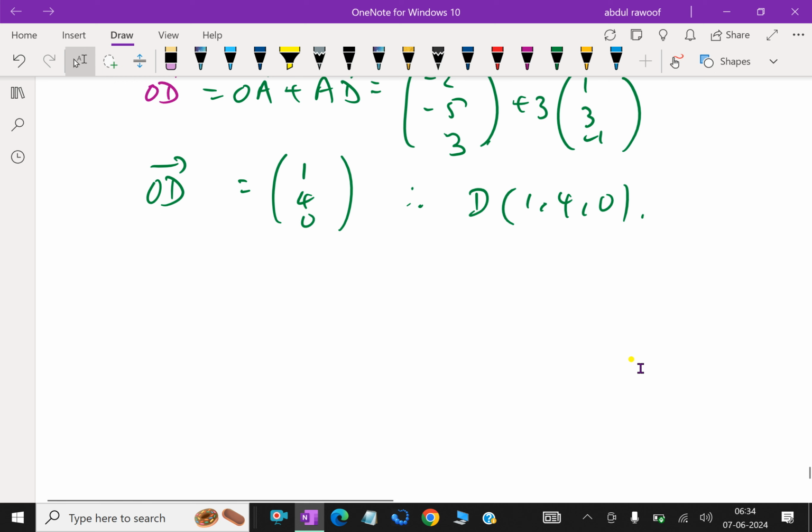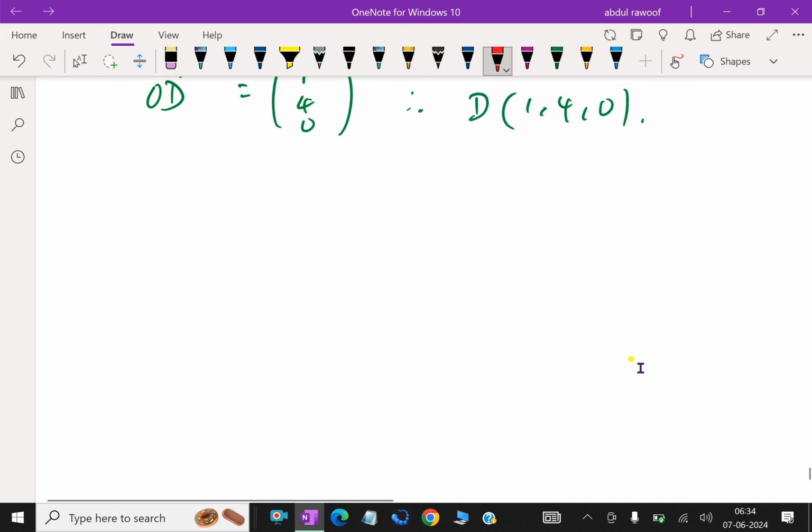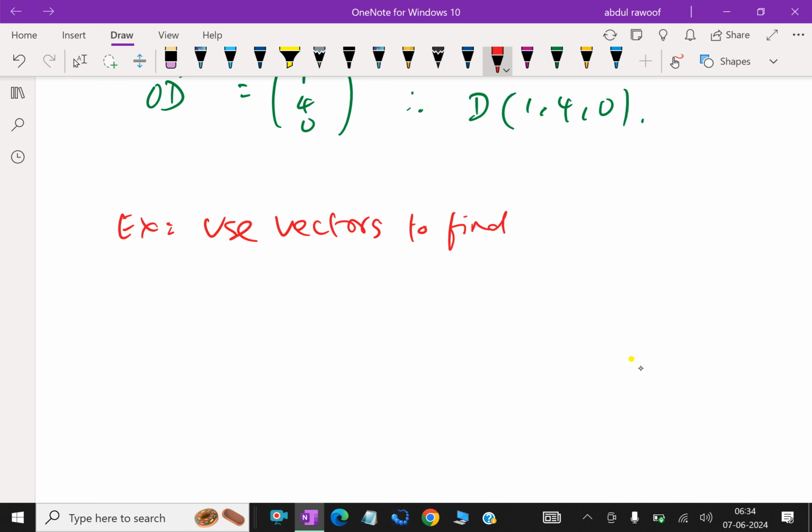Here, another question. Use vectors to find that ABCD is a parallelogram.